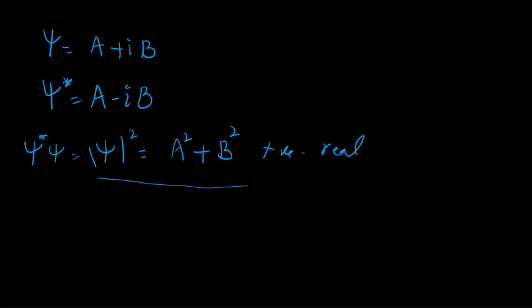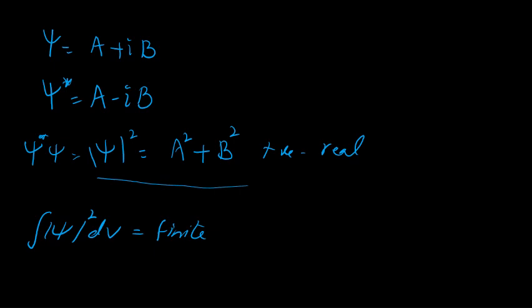As it is the probability of finding the particle in a certain specific space at a certain time, its integral, psi amplitude square into dv, must not be infinite, so it must be finite. It means that the particle is there. There is a probability of finding the particle somewhere.